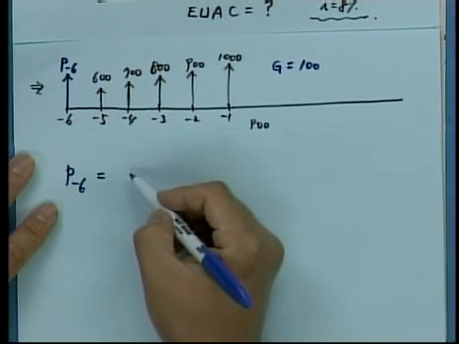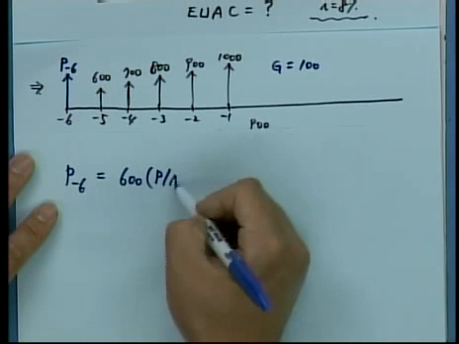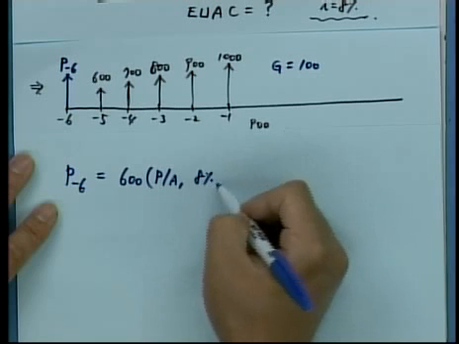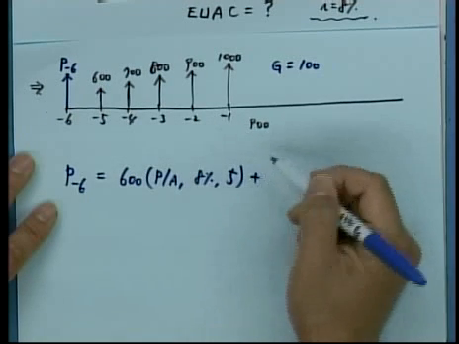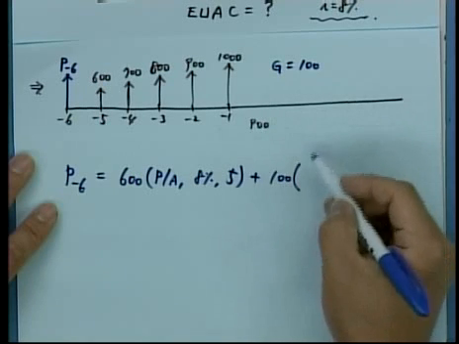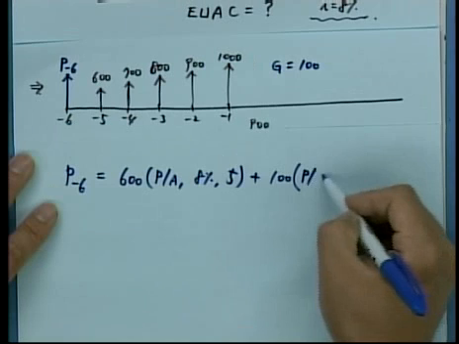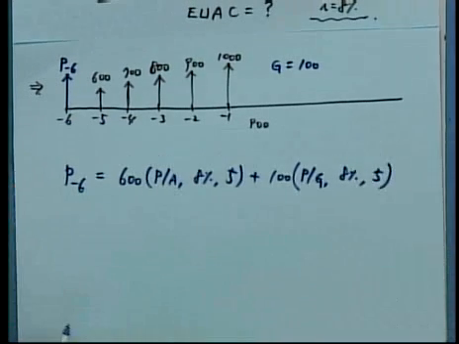So this is going to be 600 P given A, 8% over 5 periods plus arithmetic gradient of 100 times P given G, 8% over 5 periods. Is that right?